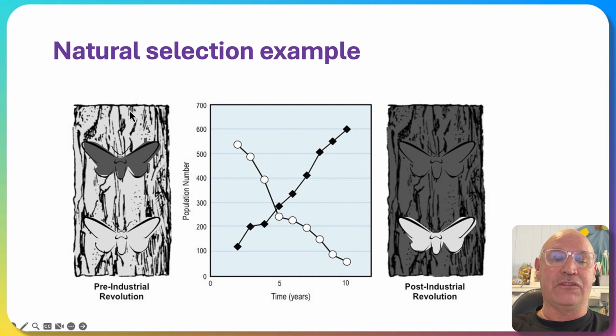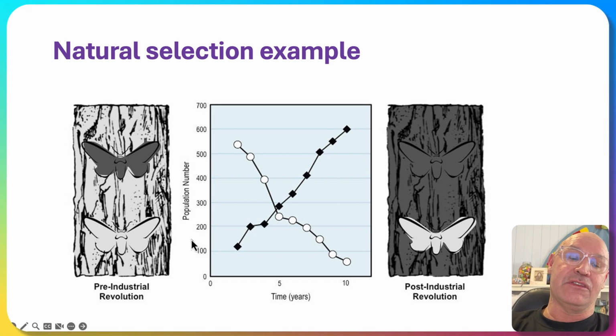So prior to the Industrial Revolution, when the oak trees had white bark, you can see that the white-coloured moths had the selective advantage, the survival advantage, and so you can see that their population was high, and the black ones who didn't have the reproductive advantage, their population was low.